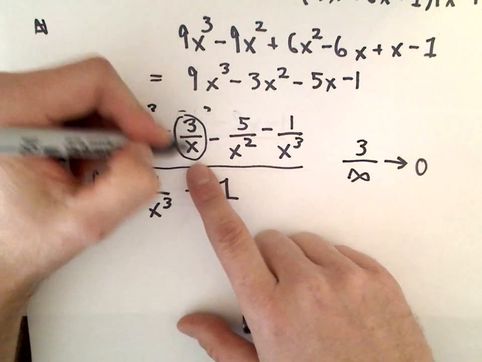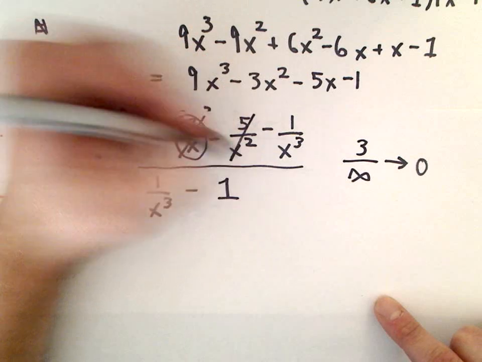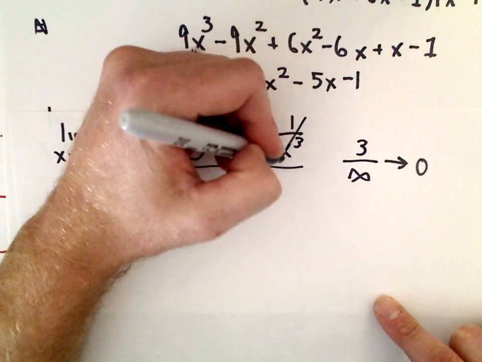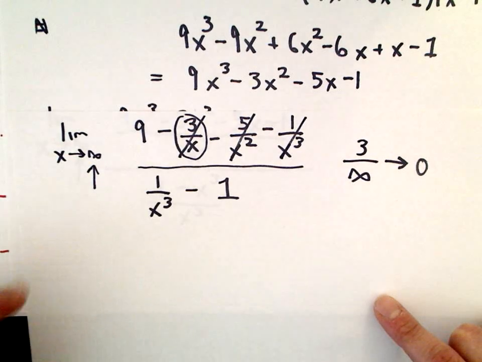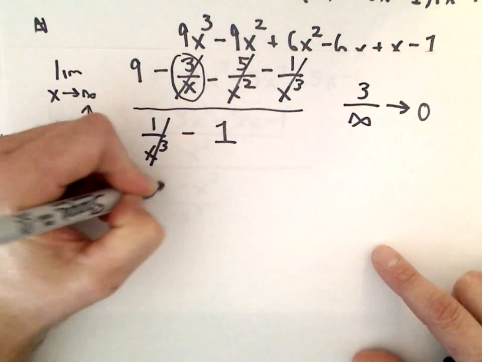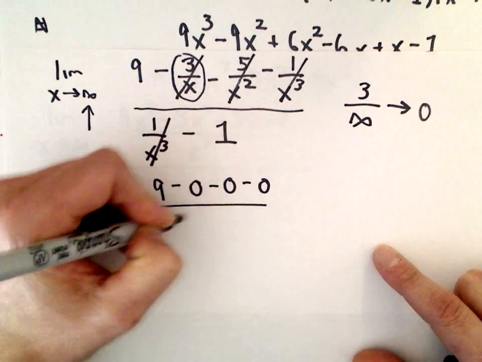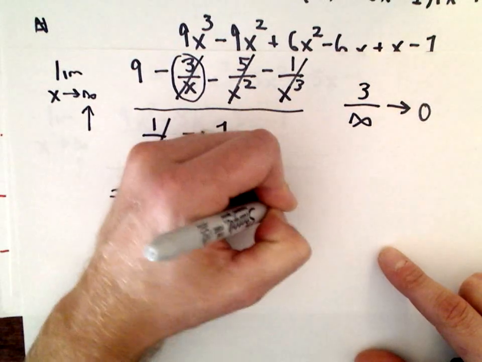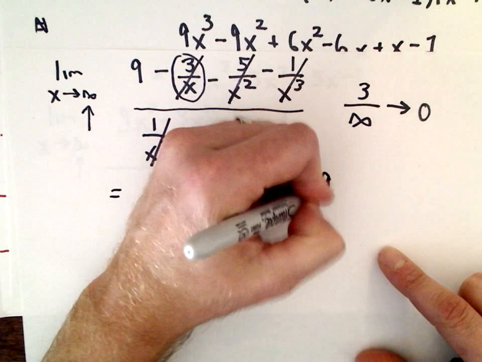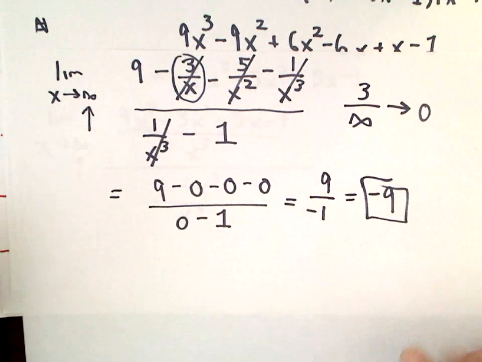So the idea is 3 over x, that's going to get close to 0. 5 over x squared, that's going to get close to 0. 1 over x to the third is going to get close to 0. So I've got 9 minus 0 minus 0 minus 0 over 0 minus 1. Well, I'm left with 9 over negative 1, which is going to be negative 9, and that's my answer.